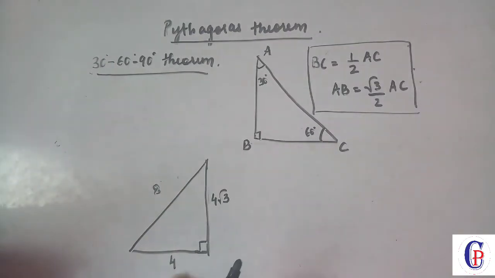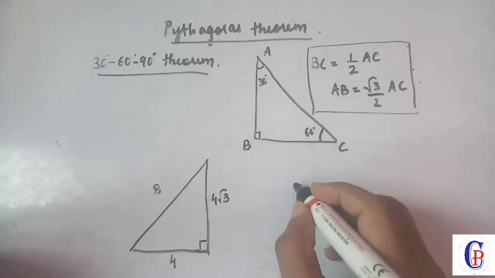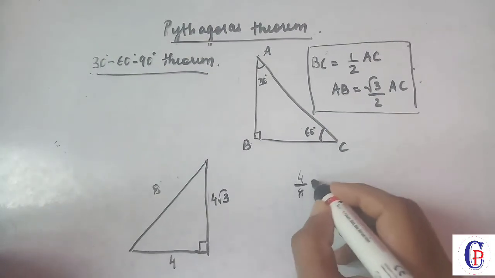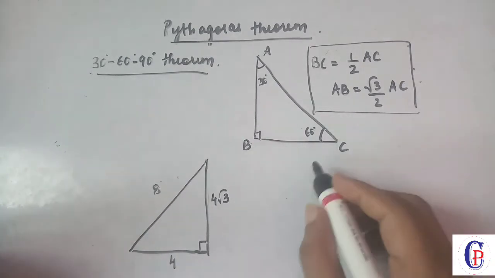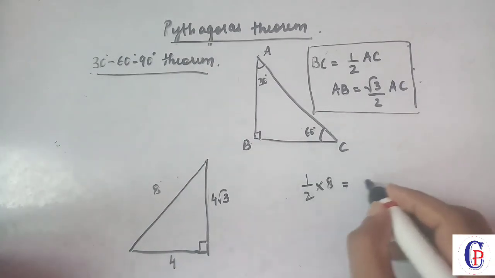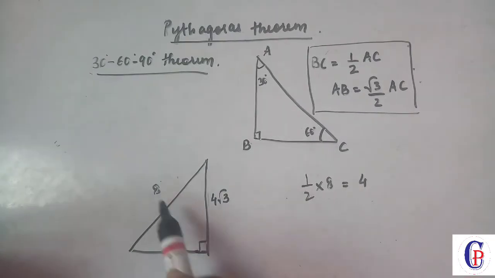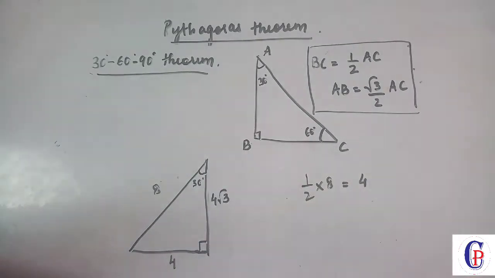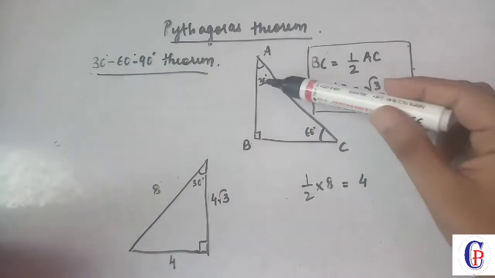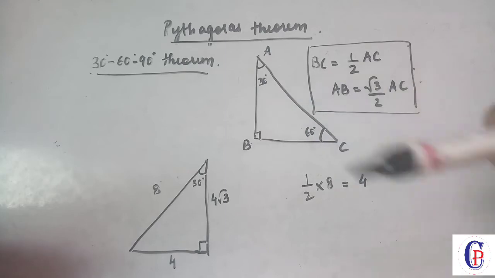Now again, if you see that this is 4 and this is 8, then 4 upon 8 is half, or else you can say half of the hypotenuse is 4. So half of 8 is 4, so of course this angle is 30 degree, right? Because that's what we are saying here, no? That the side opposite to 30 degree is half the hypotenuse.